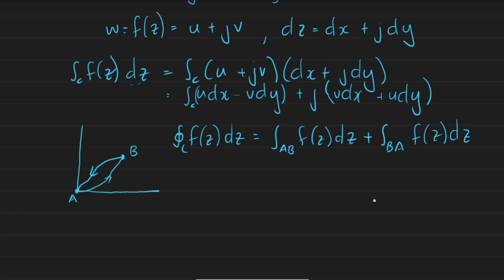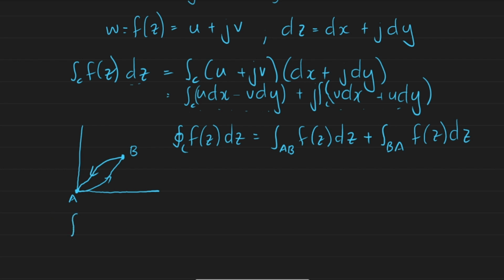So what does this look like? Well, we use the same line integral that we had derived, and all we now consider is the integral around a closed path. We're going to evaluate this entire real part, u dx minus v dy, as the line integral around this closed path, and we do the same thing with the imaginary part.